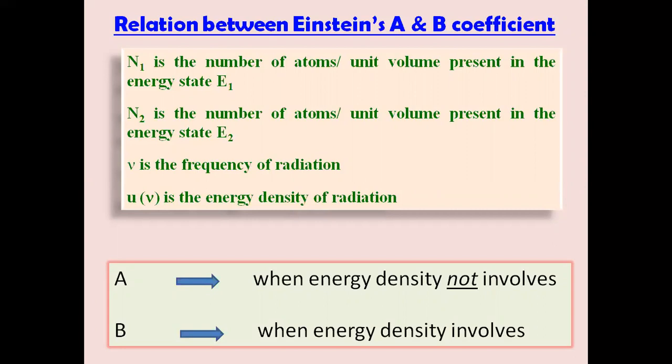Nu is the frequency of radiation, and U(nu) is the energy density of radiation. Now the coefficient A is used when the energy density or photon is not involved, whereas the coefficient B is used when energy density or photon is involved.